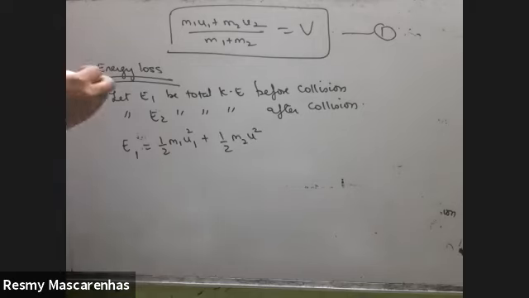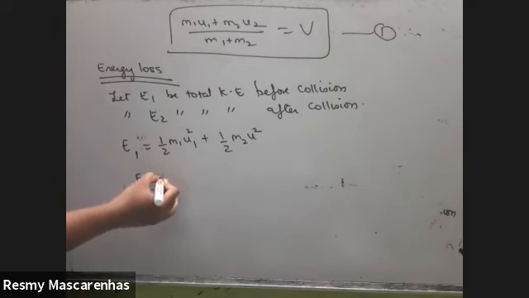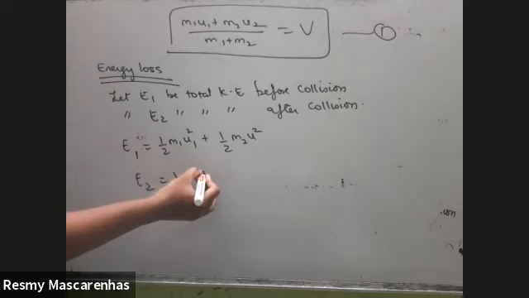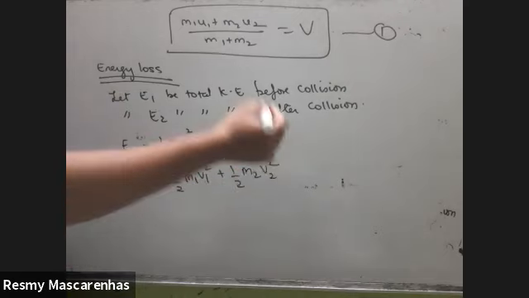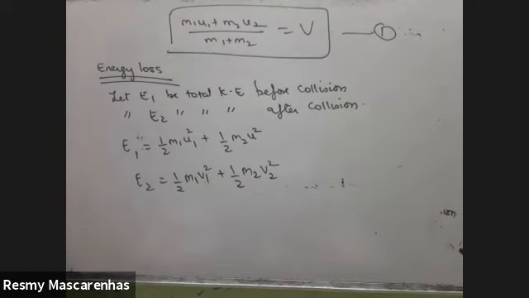After collision it will be half m1 v1 square plus half m2 v2 square.